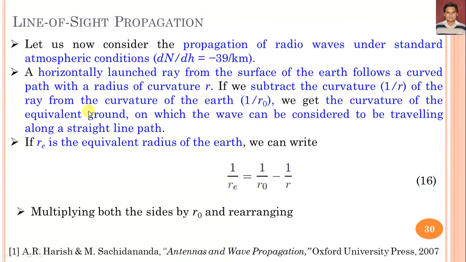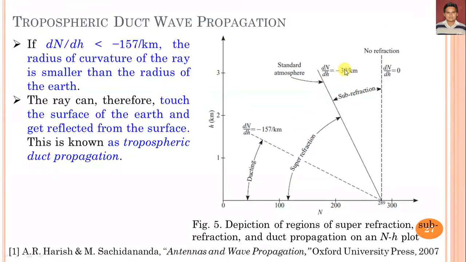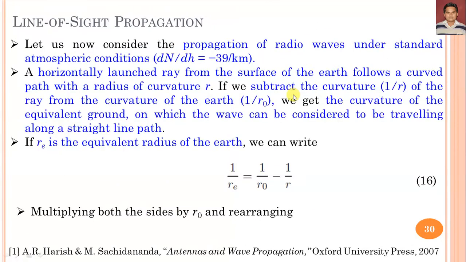Further, we consider the propagation of radio waves under standard atmospheric condition, as we have discussed, minus 39 per kilometer. It means this is the condition of the standard atmosphere. In this atmospheric condition, we can calculate the equivalent earth radius using expression 16, 1 by Re is equal to 1 by R naught minus 1 by r.